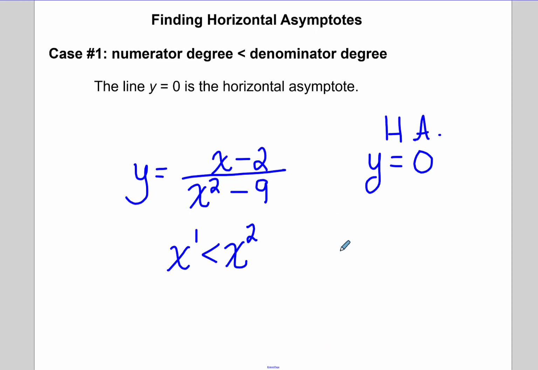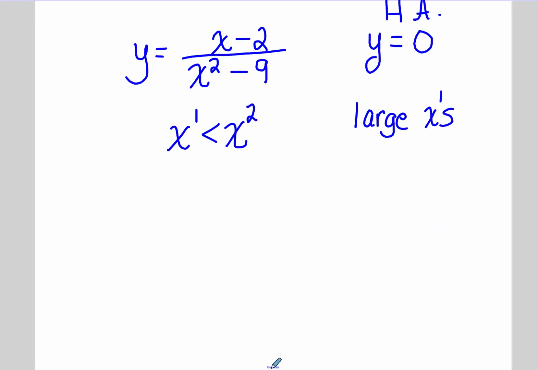If you think about that for large values of x, you can kind of see where calculus comes into play. You know, we're in pre-calculus. If I had a large number up here and a very large number here, I'm really thinking about 1 over a really extremely large number.